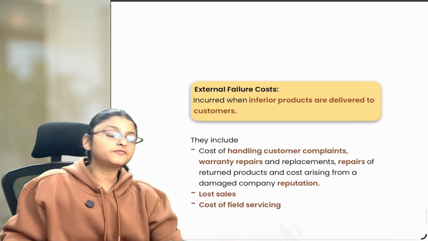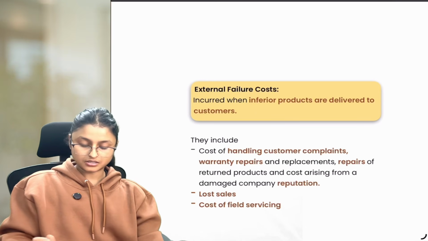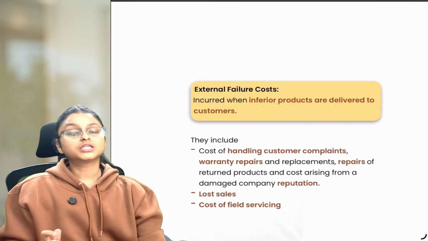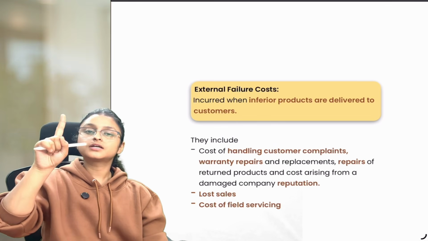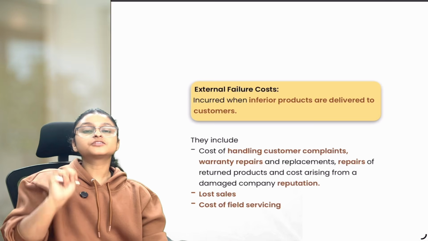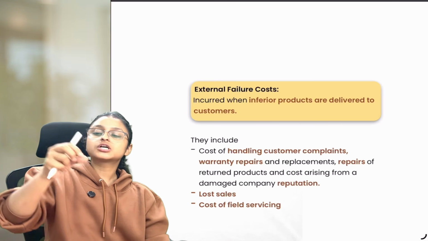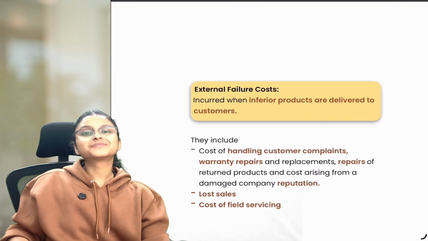Next comes external failure cost, when your defective product has reached the customer. It is incurred when inferior or defective products are delivered to the customer. Now think about it. If your defective product has reached the customer, then the customer will complain, the customer will ask for replacements, the customer will ask for return, and for the product which the customer has returned, you need to repair that product.